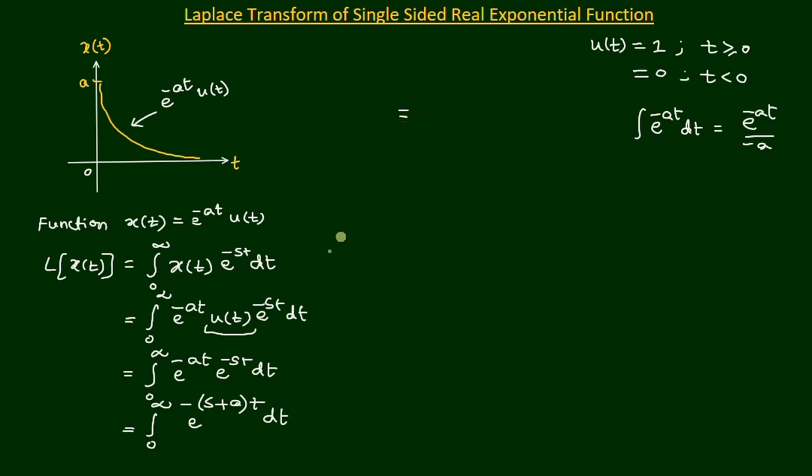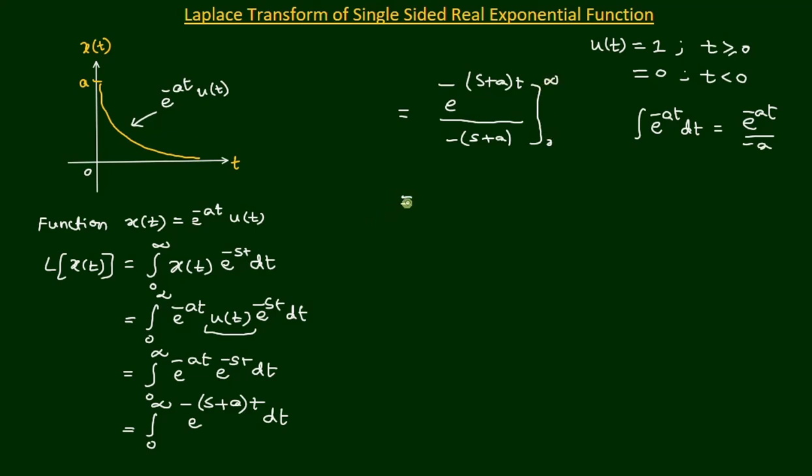So we can write here e^(-(s+a)t) divided by -(s+a) over the limits 0 to infinity.